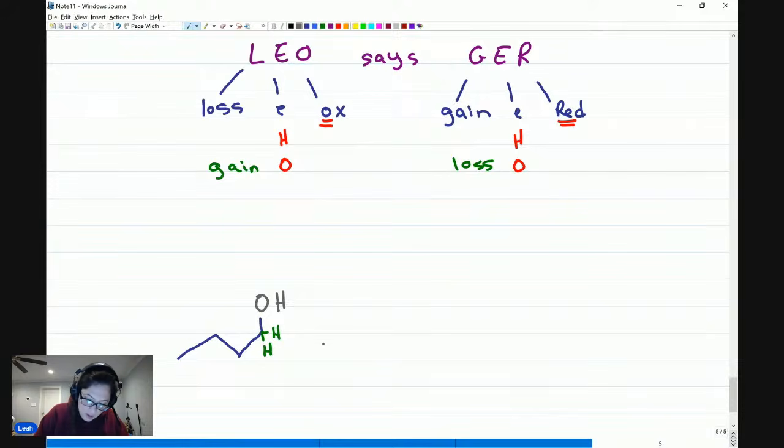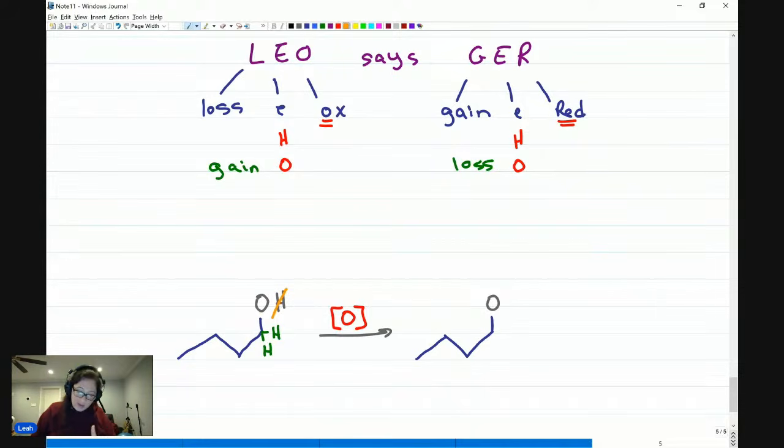If I make this undergo 1 round of oxidation, I'll just put O in brackets to show oxidation, then the first oxidized product I get is my oxygen is here, but I no longer have the hydrogen. I'm losing 1 hydrogen atom, so loss of hydrogen is oxidation. And what I'm gaining is not an oxygen atom, it's a bond to oxygen. So the bond to oxygen gives me that bond right there.